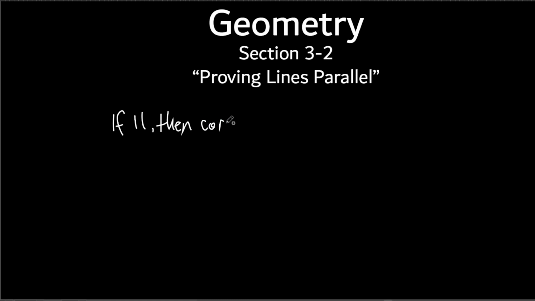We said the corresponding angles were what? Equal. If you have parallel lines, then the alternate interior angles are equal. What else? Alternate exterior angles are equal. Can you remember any of the other ones?